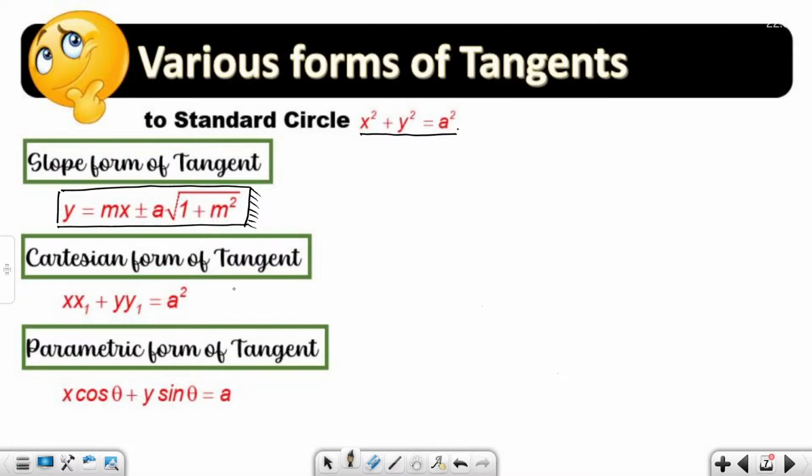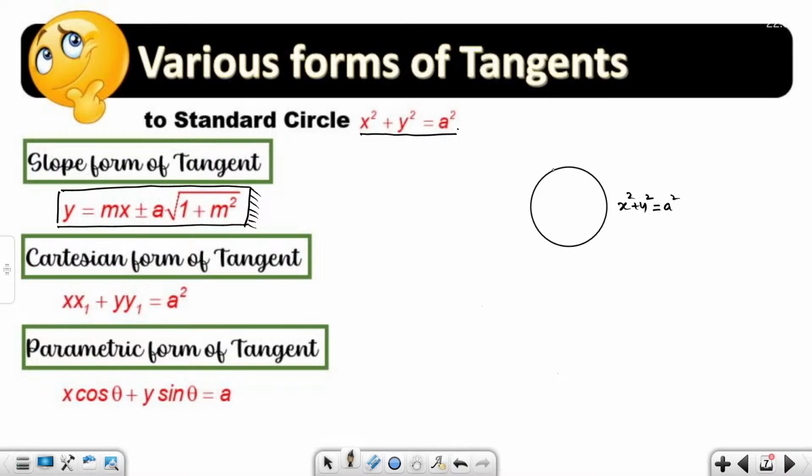Now the second form is what is called your Cartesian form of tangent. What is that? Okay, let me just draw a circle first. Now this is a circle and there is a point. The equation of the circle is the standard one, x square plus y square equals a square.